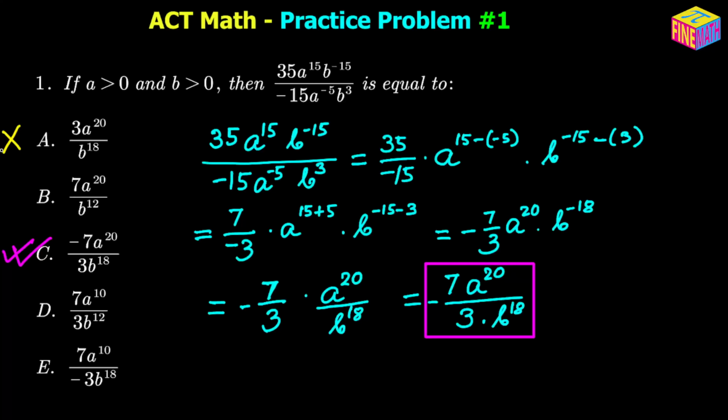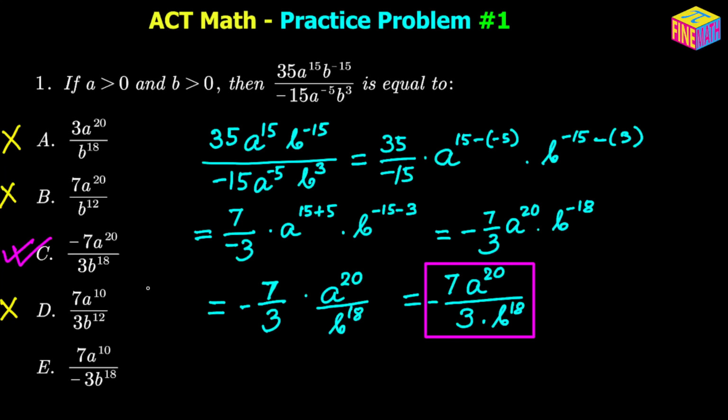Option A will not work because we only have a 3 in the numerator and nothing in the denominator, but 35 divided by 15 is actually 7 divided by 3. Option B also will not work because you only have a 7 in the numerator and no numeric coefficient in the denominator. Option D also will not work because we had a negative sign in the denominator, negative 15, but option D has no negative sign.